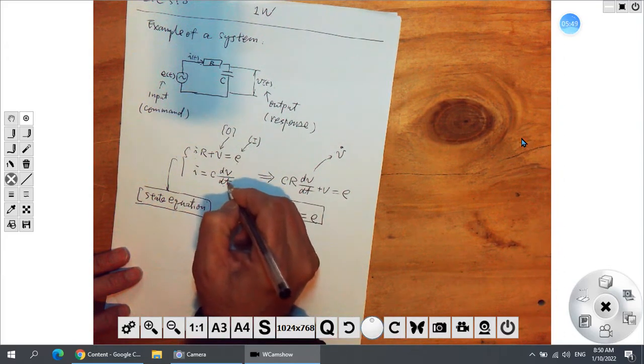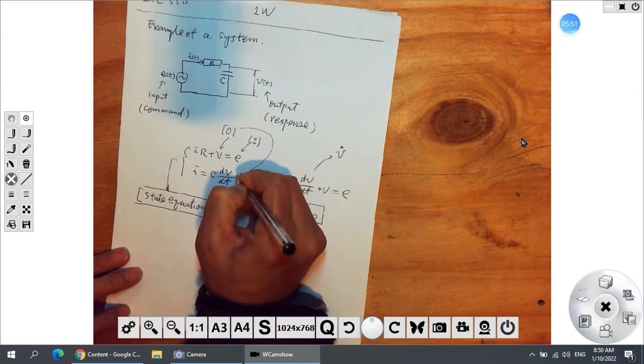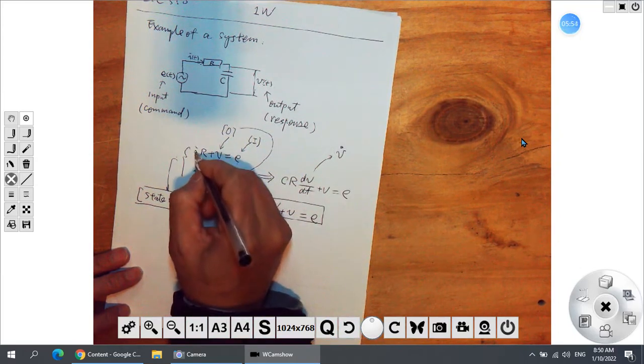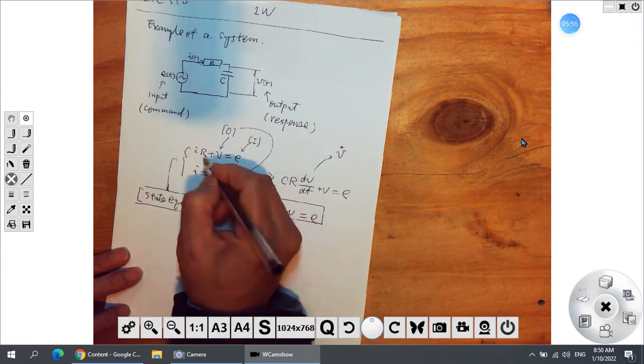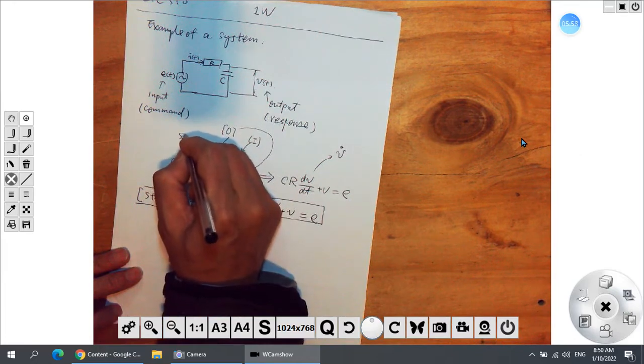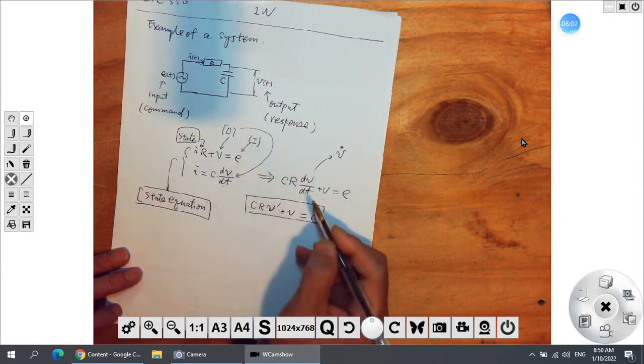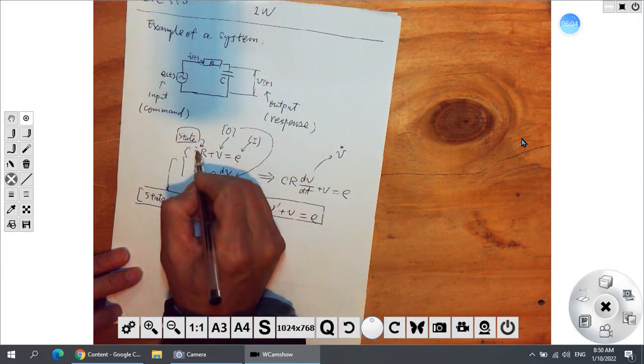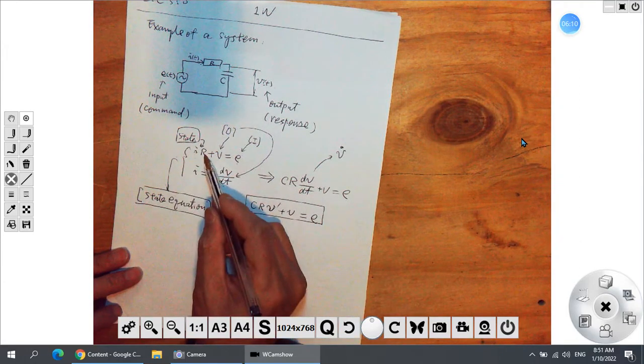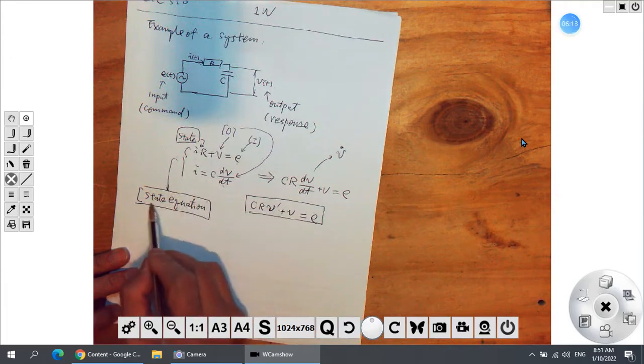But we have I. What is I? We call it a state. We have some other variables, the variables other than the input and output, and we call them state variables. So we call this kind of equation a state equation.